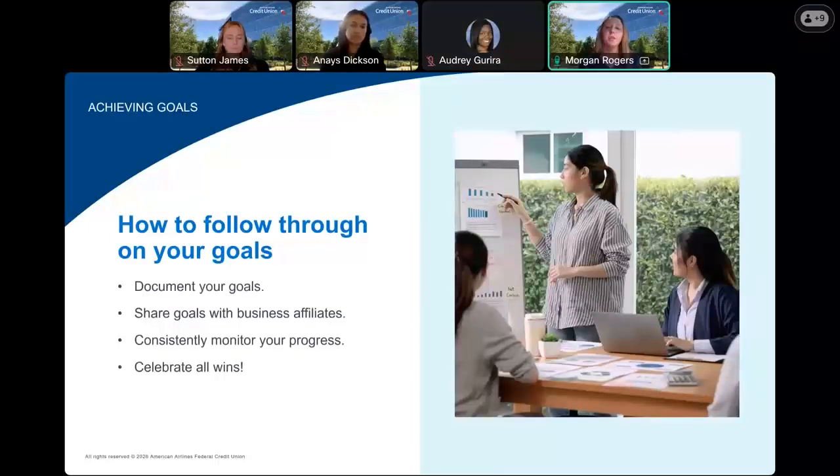So also consider sharing these goals with any relevant business partners, owners, or team members, or a supportive person. So share these goals with your support system. So this will really help set the tone for accountability and provide support along the way.